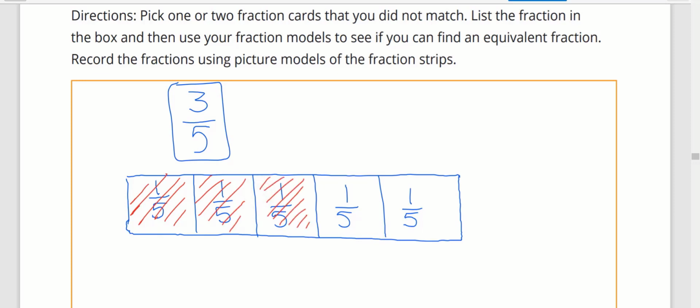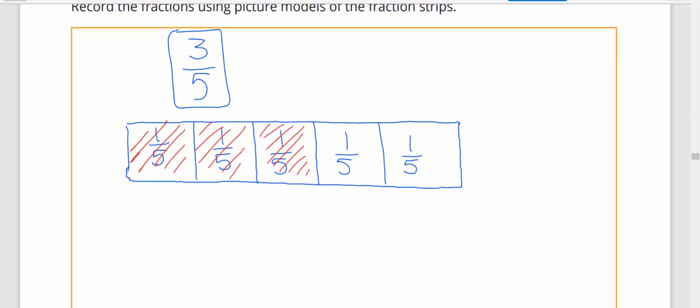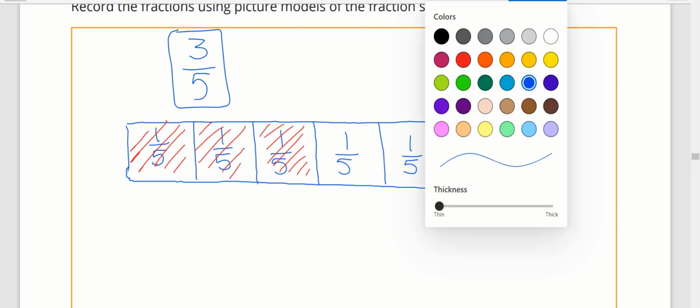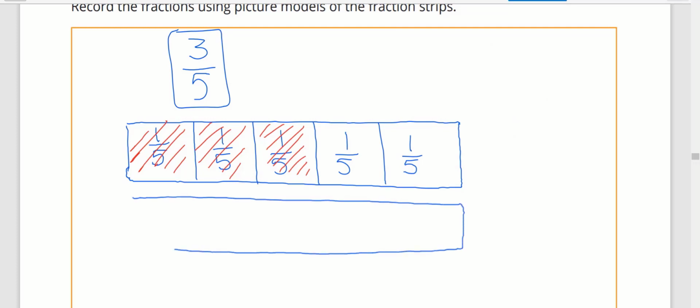Now we want to get the equivalent fraction to 3 over 5. We will draw another whole, divided into 5 equal parts like the first one. Each part is a fifth. Then divide each part into 2 equal parts.